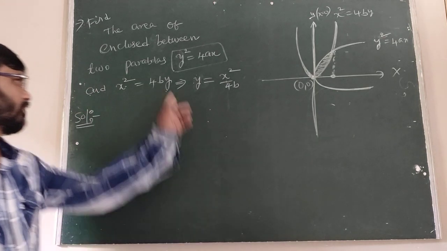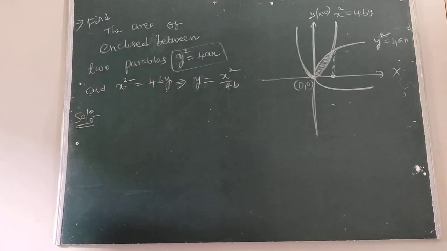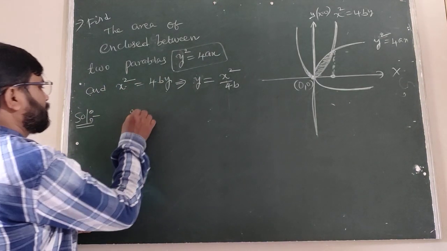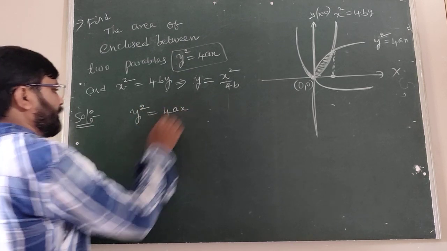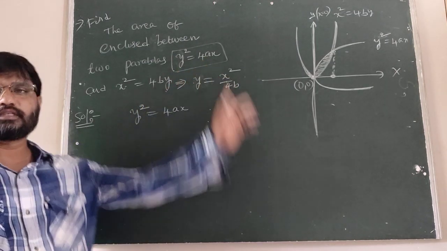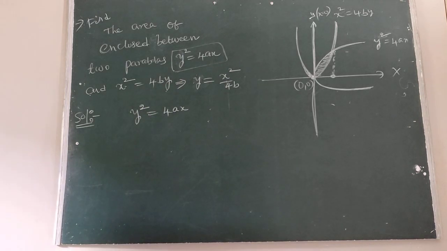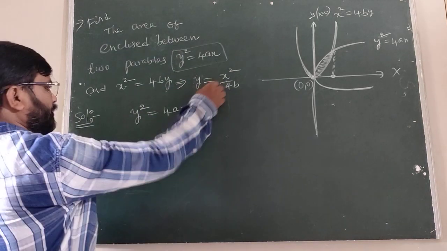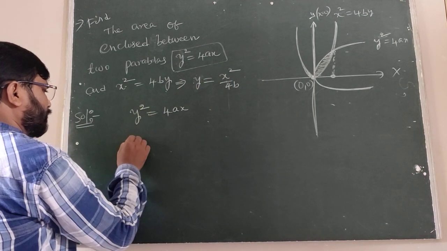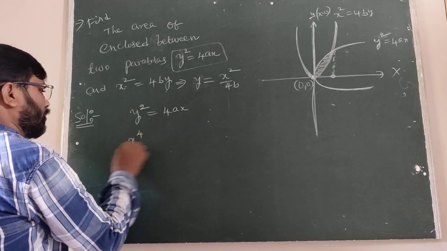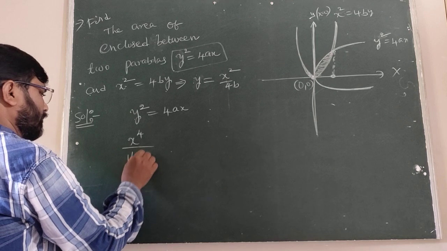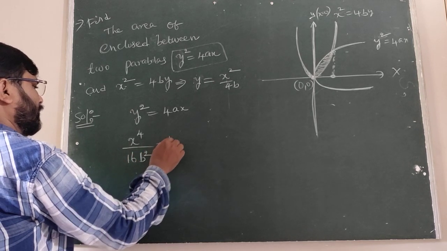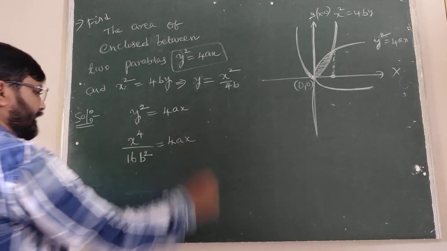Is it clear? The y equal to x square by 4b. Now the first curve is y square equal to 4ax. Substituting this, what we get here is x power 4 by 16b square equal to 4ax.